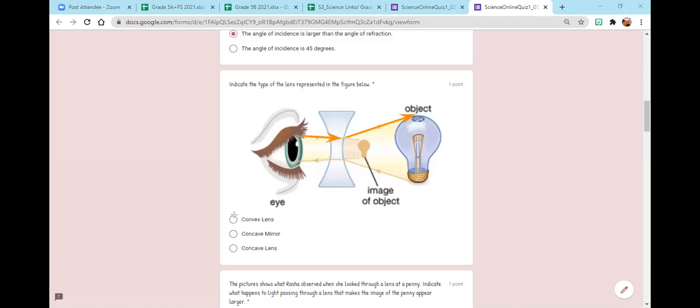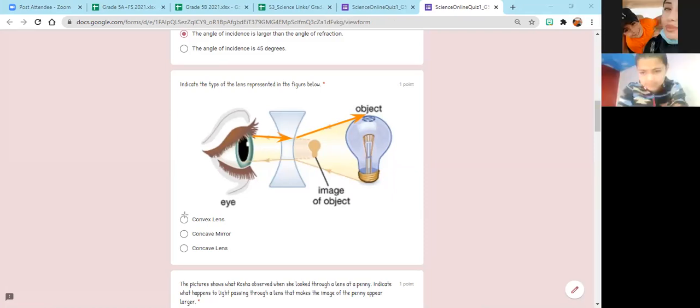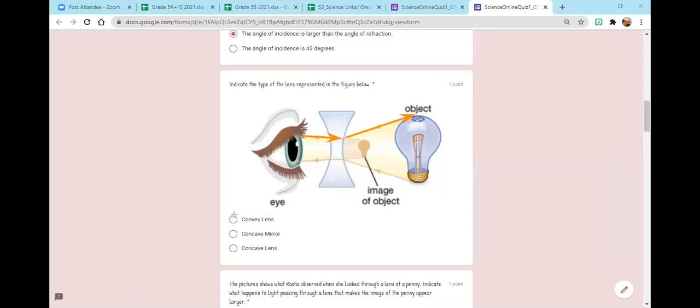So is it concave or convex? Guys, I want you all to participate. What about the others? Concave or convex? Concave lens. It is a concave lens. Bravo.